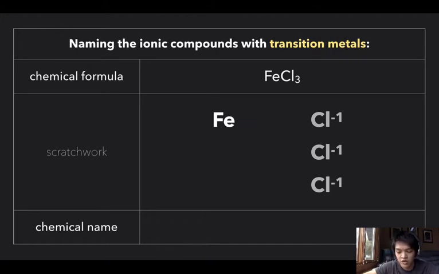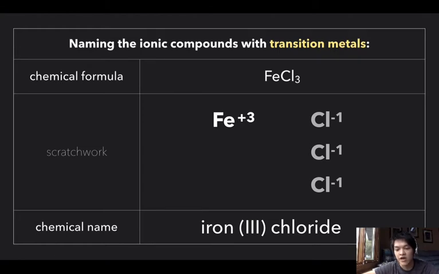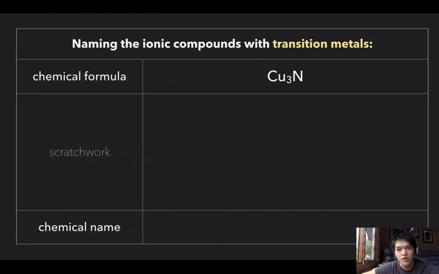If you guessed +3, you're right, because if there's a total of -3, there must be a total of +3 for the iron. So now we can write down the name of this transition metal. It is iron 3. Okay, it's specifically iron 3. So iron III chloride.